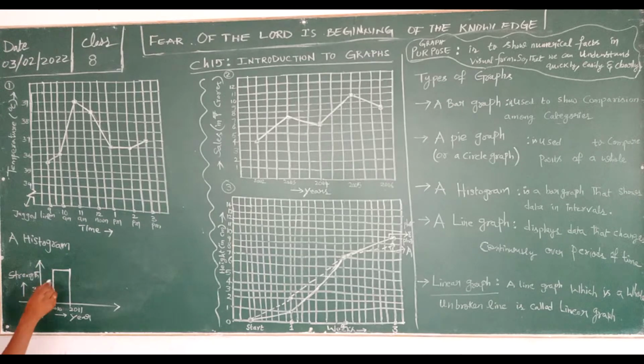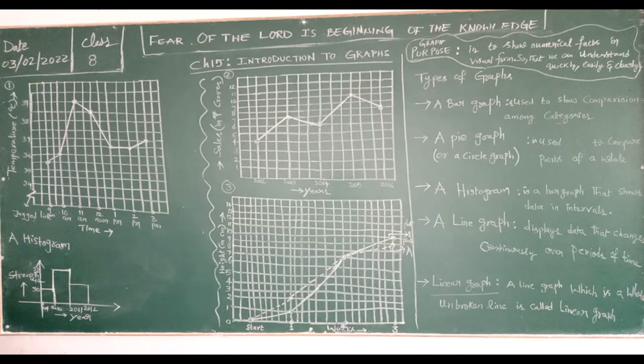Let's say it is 30, then 50, and in 2011 to 2012, maybe it is some 40. So here what you understood: 2009 to 2010, 30 students are there. 2010 to 2011, 50 students are there. 2011 to 2012, 40 students are there.